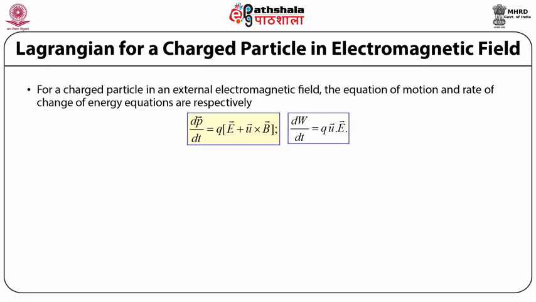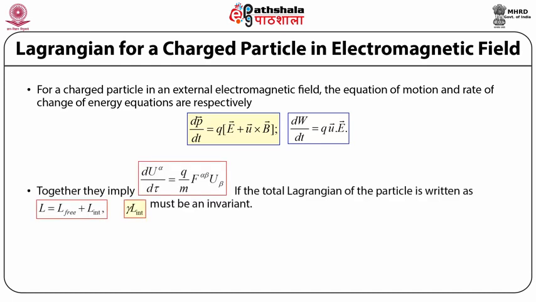We also have the energy change equation dW by dt equals q u dot E. The magnetic force, being perpendicular to the velocity, does not do any work. We have used the symbol W for energy so as not to confuse it with the electric field.